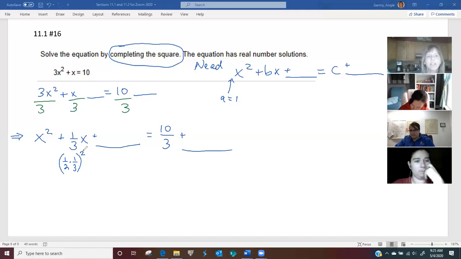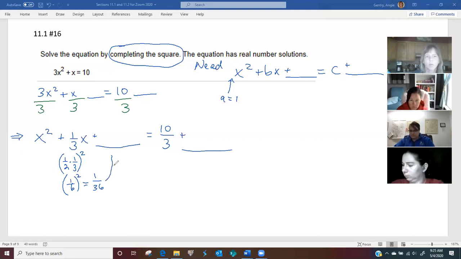So we have a half b, quantity squared, and that means a half times a third is 1 times 1 over 2 times 3. And a sixth squared is 1 squared over 6 squared. And we're okay with that because we're squaring that fraction.